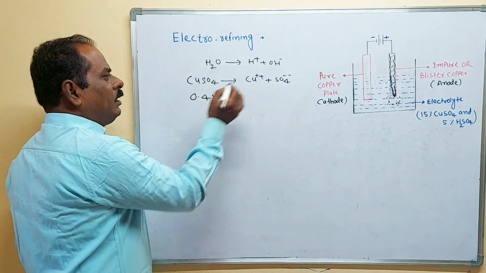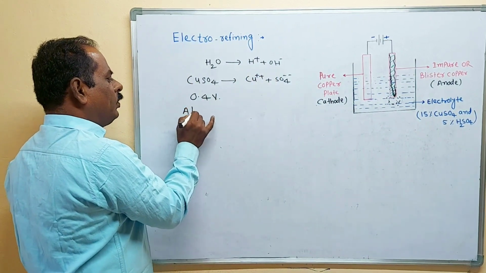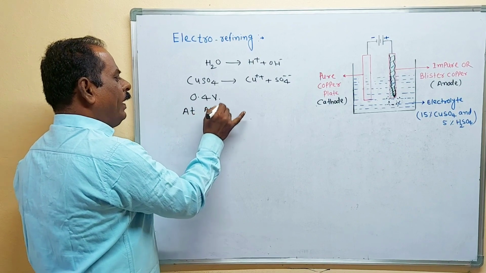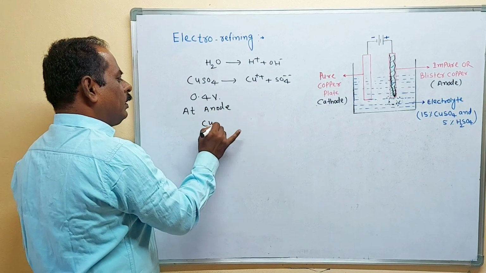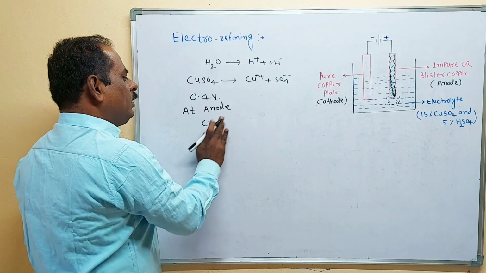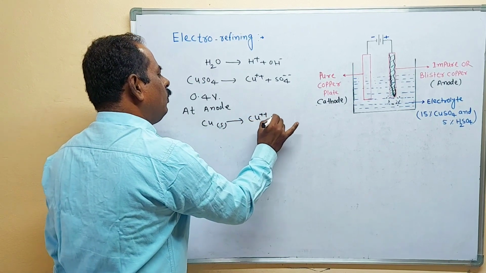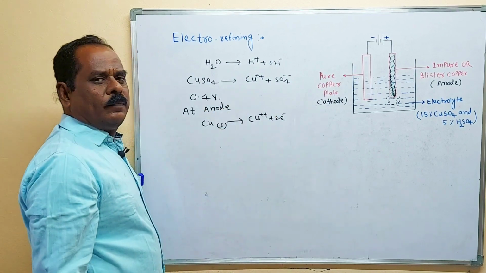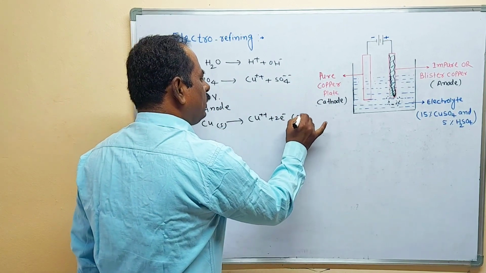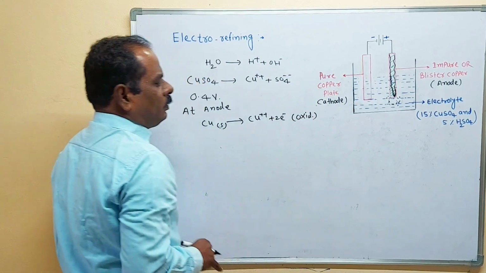What happens? Here blister copper acts as the anode. At the anode, blister copper forms ions in the solution by losing electrons. This reaction is called an oxidation reaction.